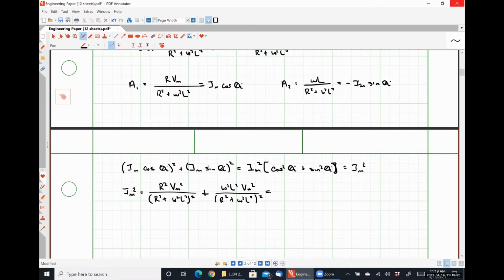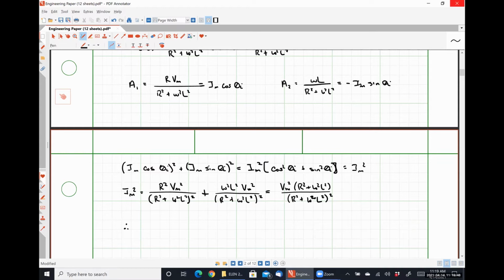So I can put things together, and this is going to look like Vm squared times R squared plus omega squared L squared divided by R squared plus omega squared L squared quantity squared.